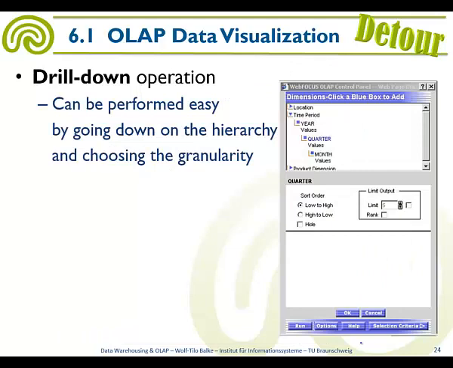We've seen so far some of the special cube operations. So for instance, the drill down. How can that be done when you're working through an interface like that? Well, very easy. You basically just go into drop-down menus.